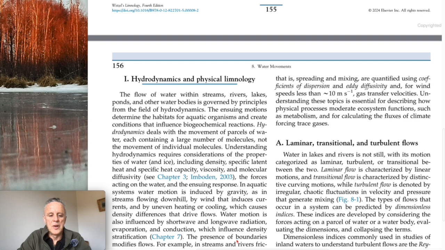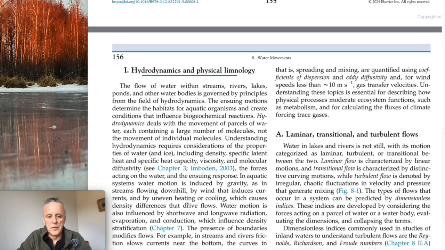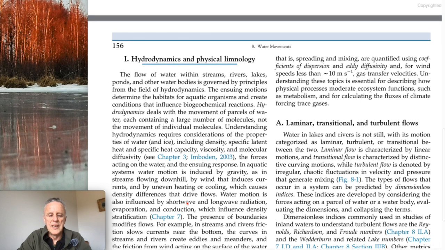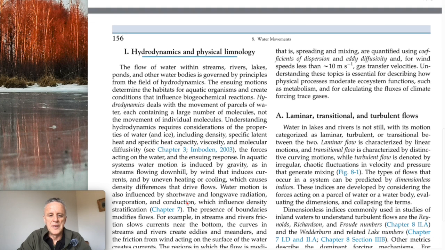Hydrodynamics and physical limnology. The flow of water within streams, rivers, lakes, ponds, and other water bodies is governed by principles from the field of hydrodynamics. The ensuing motions determine the habitats for aquatic organisms and create conditions that influence biogeochemical reactions.